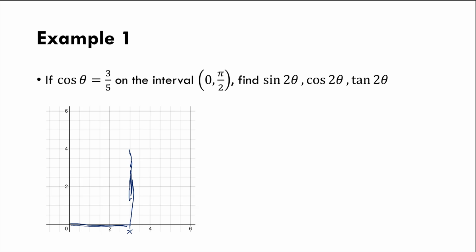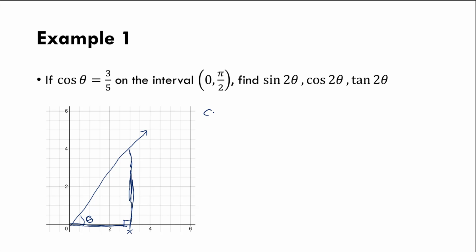So this triangle is going to look something like this, with our angle theta and its terminal side, and that is our right triangle. We're asked to find sine of 2 theta, so let's do that first.